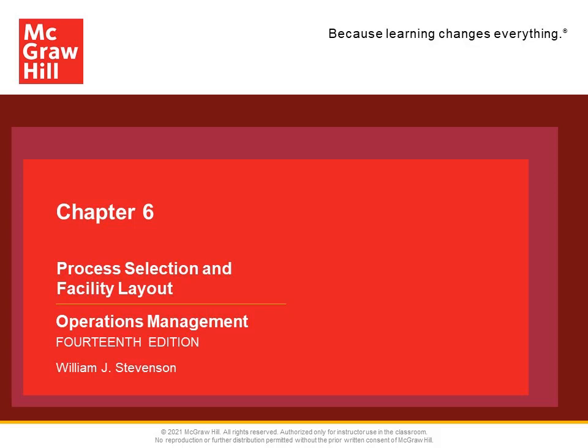So I just wanted to use this time to introduce one of the most important approaches in risk management, operations management. So let's start chapter 6. Chapter 6 is about process selection and facility layout.